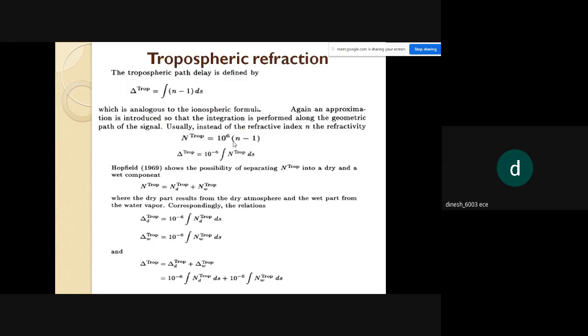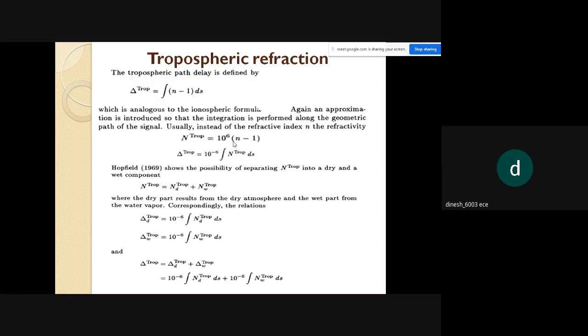Usually the measurement is in megahertz. Since the transmission of the satellite signals having data will be done in megahertz, we take 10 power 6. And also the geometric path of the signal is considered. So 10 power 6 into n minus 1. So the tropospheric refraction will become 10 power minus 6 integral N tropospheric into ds.